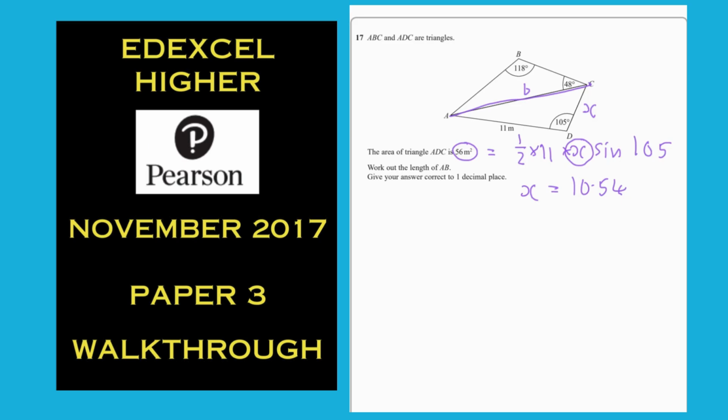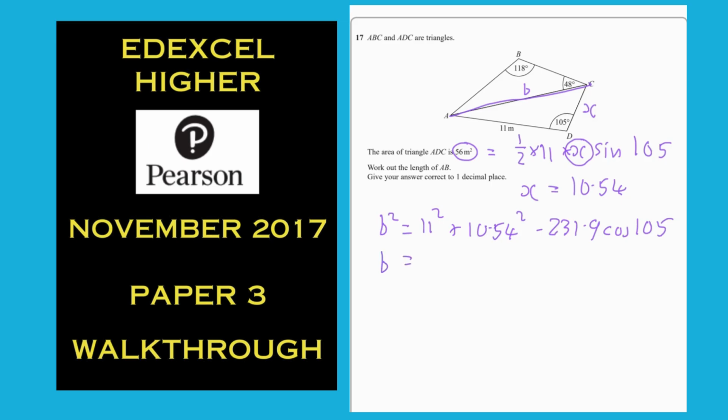So off we go. AC squared, because we've got one side, we've got a second side, we've got the angle between them. You find the opposite by applying the cosine rule. So I can say B squared is equal to 11 squared, doesn't matter what order, and 10.54 squared, minus 2 times B times C. Stick it in your calc, work it out as you go along, saves time later. 231.9 cos 105.